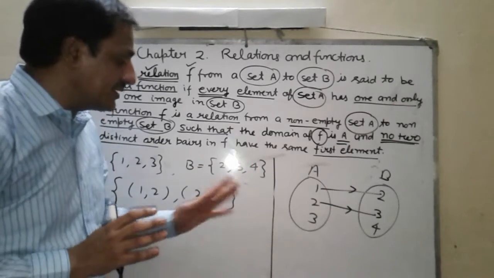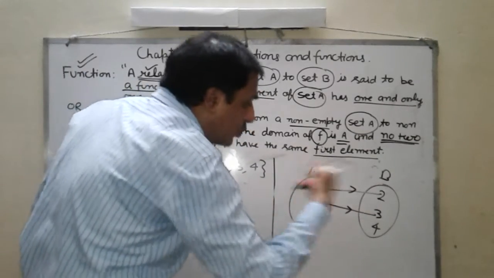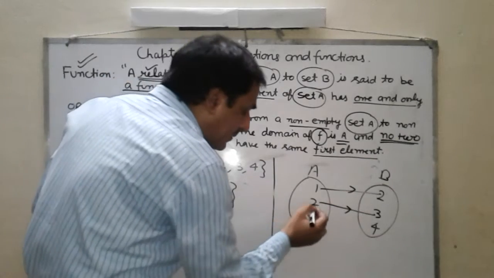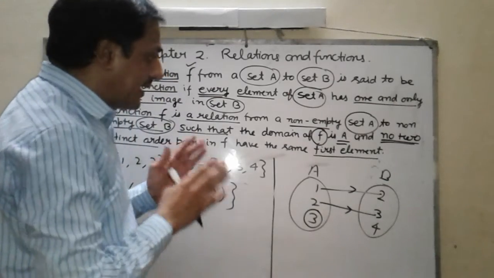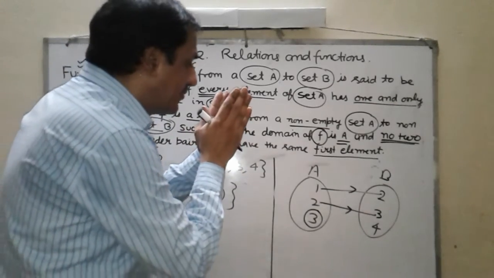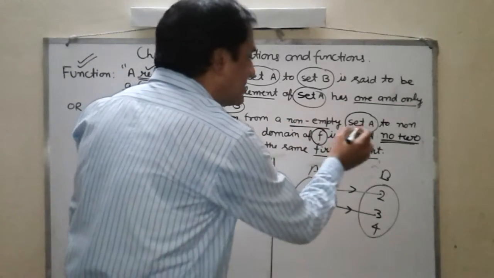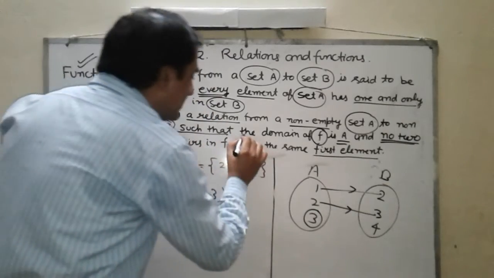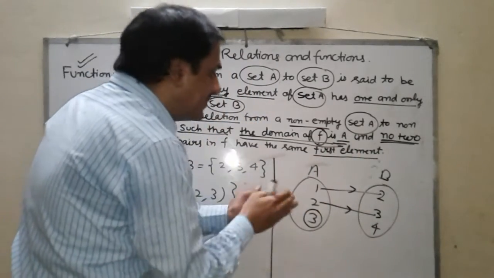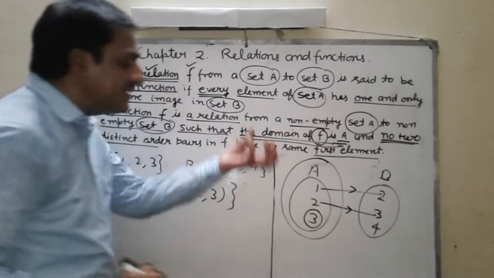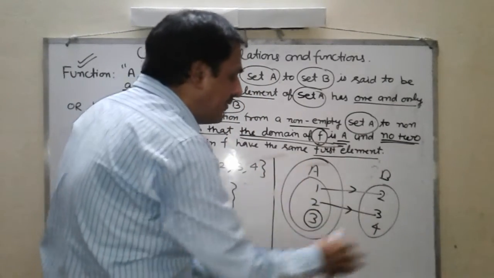No, this is not, because 3 belongs to A but it has no image in B. According to the definition of function, the domain of f must be the whole set A. Here 3 has no image, so we cannot say that this is an example of a function.